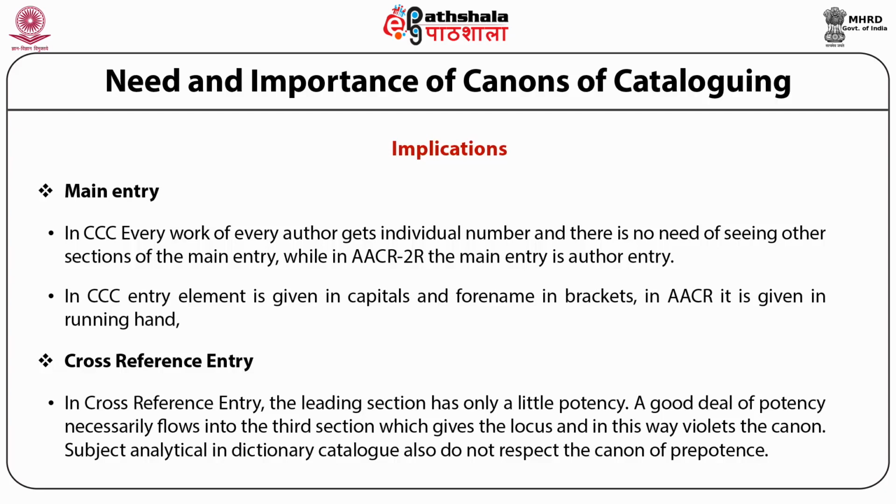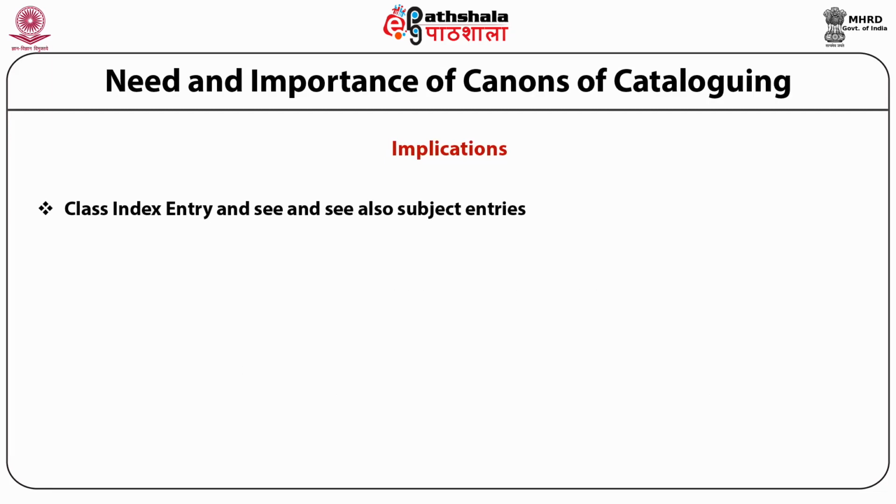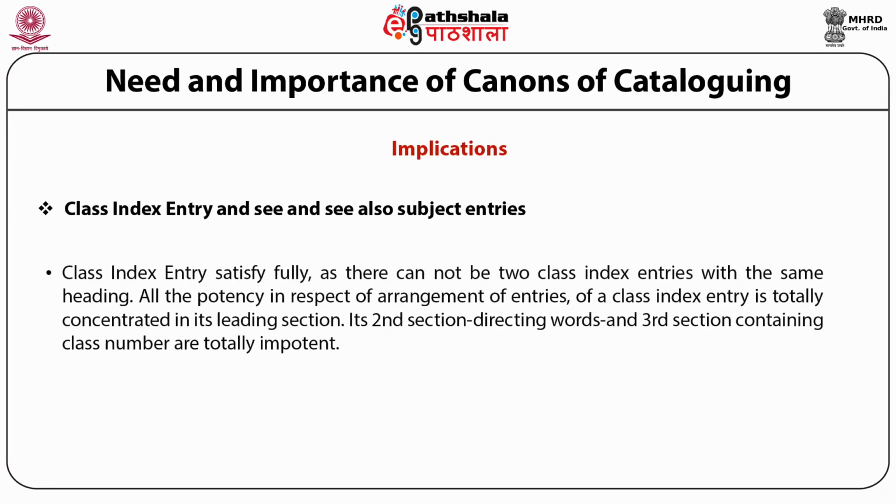Subject analyticals of dictionary catalog also do not respect the canon of prepotence. Class index entry and CCC also subject entries. Class index entry of CCC fully satisfy this canon as there cannot be two class index entries with the same heading.